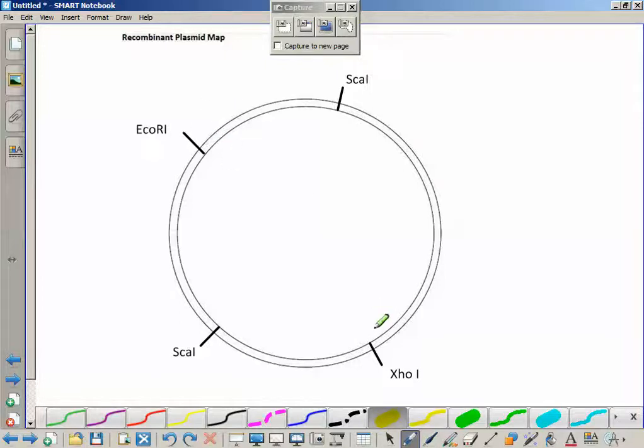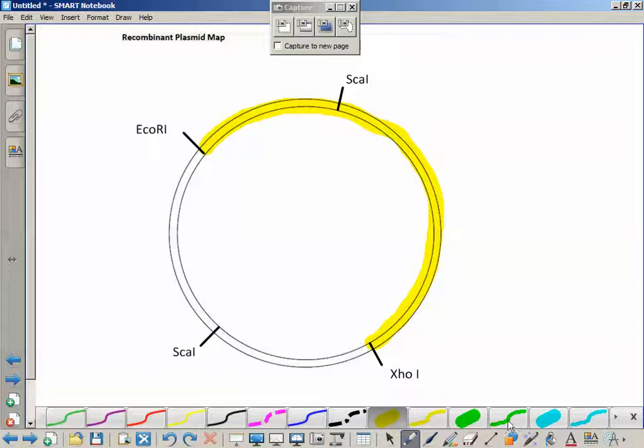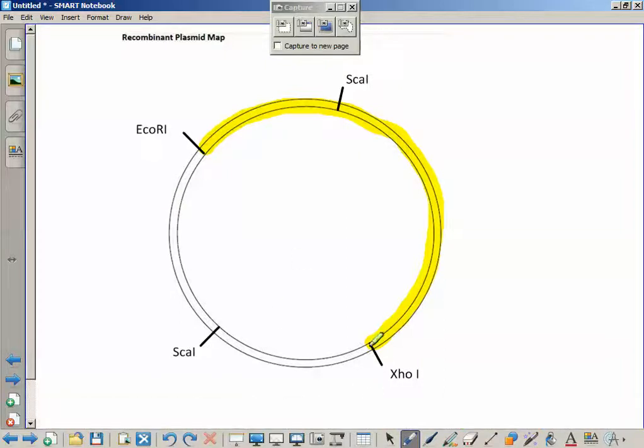Our gene of interest starts from here and goes over here. That's horrible, let's try that again. It's hard to do with the mouse; it's easier with the marker. All right, stay in the lines. Okay, and so that's our gene of interest. For me, it's SMAD4. And then our pBluescript vector is here. So that's my recombinant.